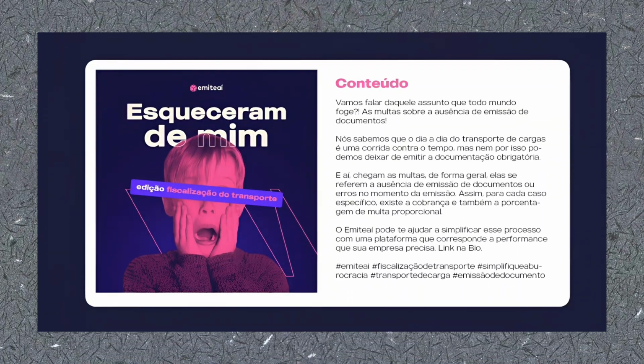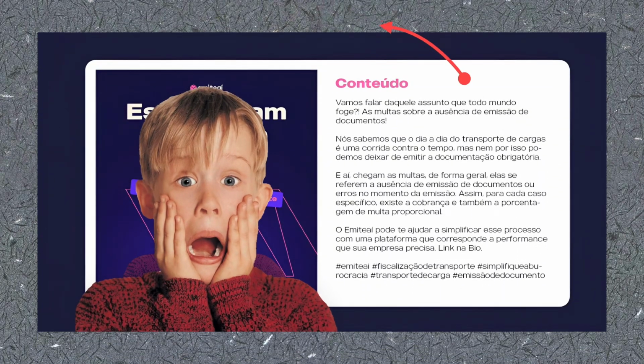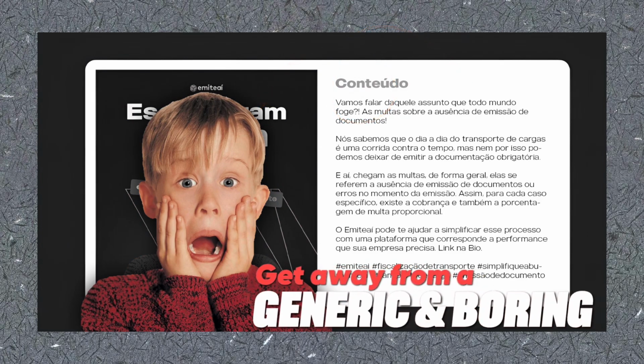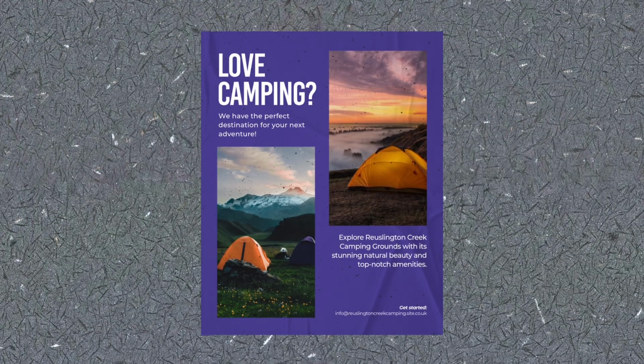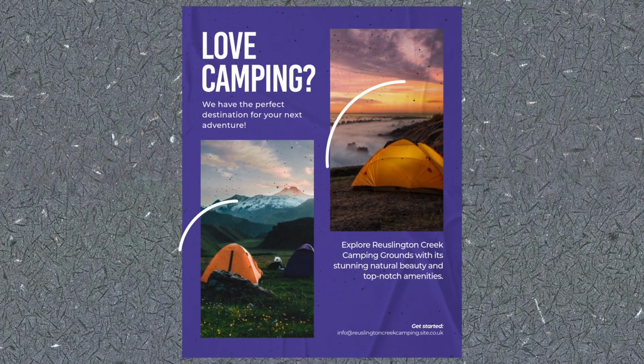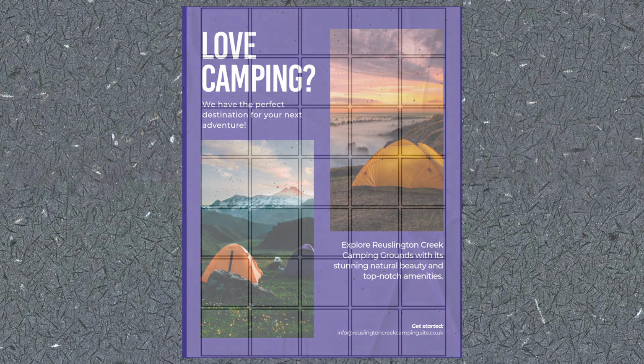Also, notice how the designer has used things like Home Alone imagery to really get away from a generic and boring design. Think back to that camping design we saw earlier. They simply used imagery or boring pictures of tents, and that was in a boring generic layout style.